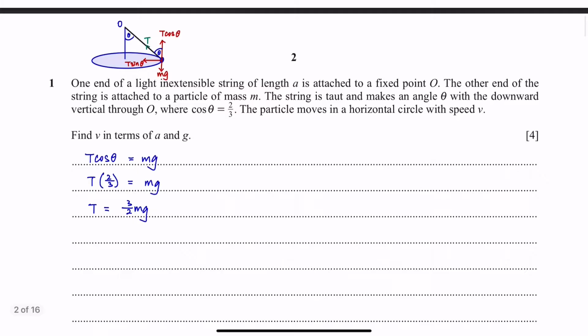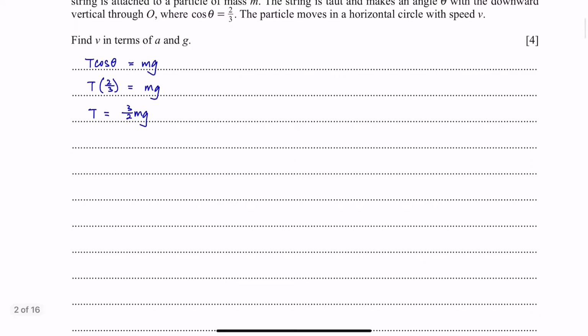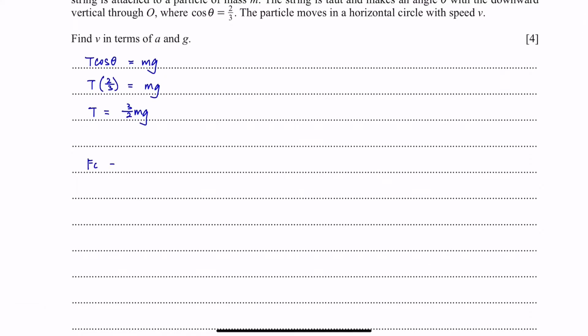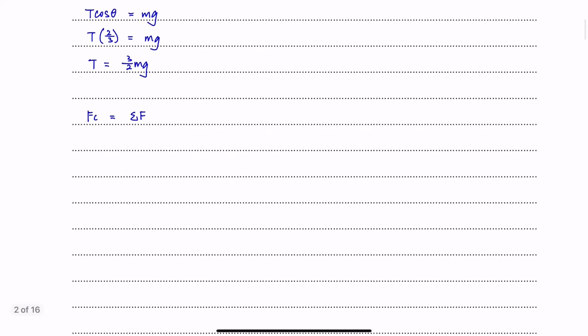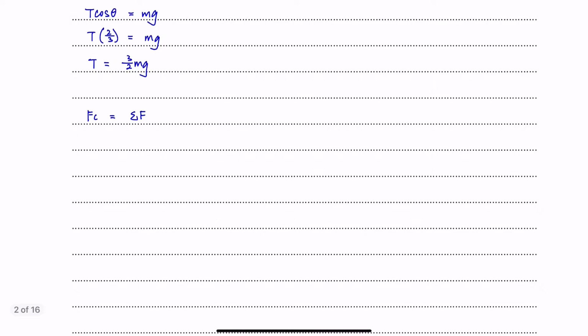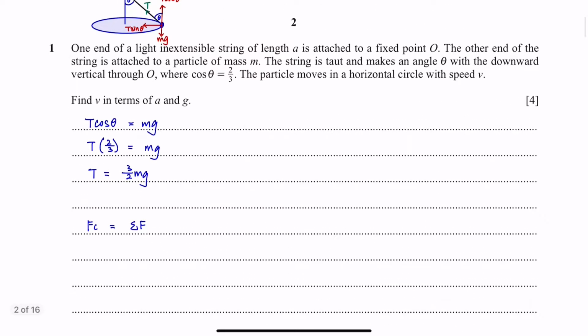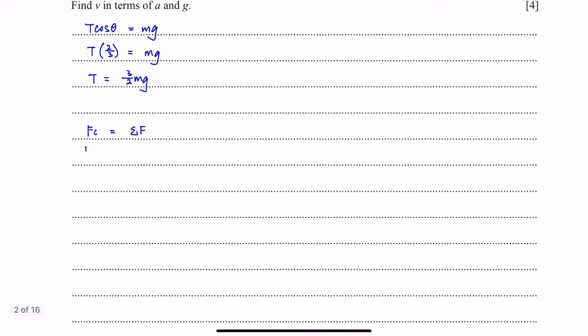And now we will look at the horizontal component. The centripetal force is always the net force towards the center of the circle, which is T sin theta in this case. The centripetal force of the particle would be mv squared over r.